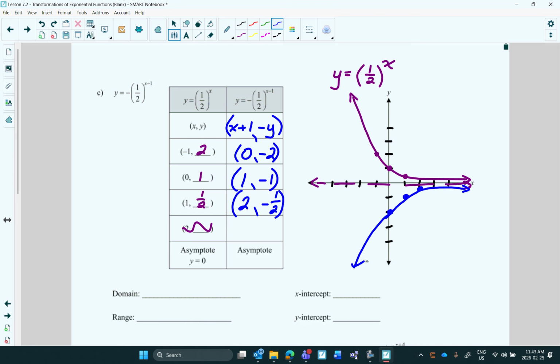As well as the asymptote. Did the asymptote move at all? No. The only time the asymptote will move is if you do a vertical shift. Okay, that's it. That's the only time the asymptote will move. If we do horizontal shifts, doesn't matter. Okay? So we're still at y equals 0.